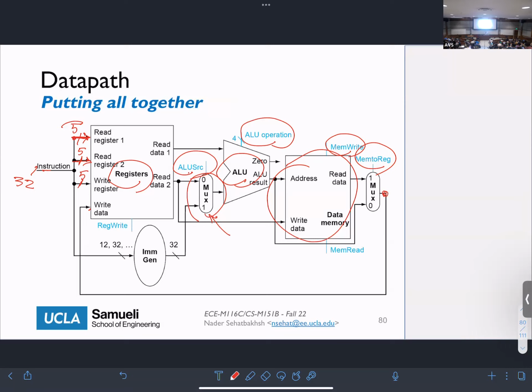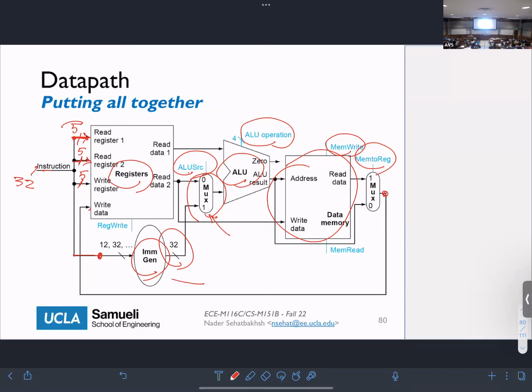Another thing that happens is that the entire 32 bits goes into the immediate generator, because remember I told you that our immediates are 12 bits or 20 bits or 16 bits, depending on what instruction we have. What we need to do is make them all 32 bits. So our immediate generator sign extends that for us.